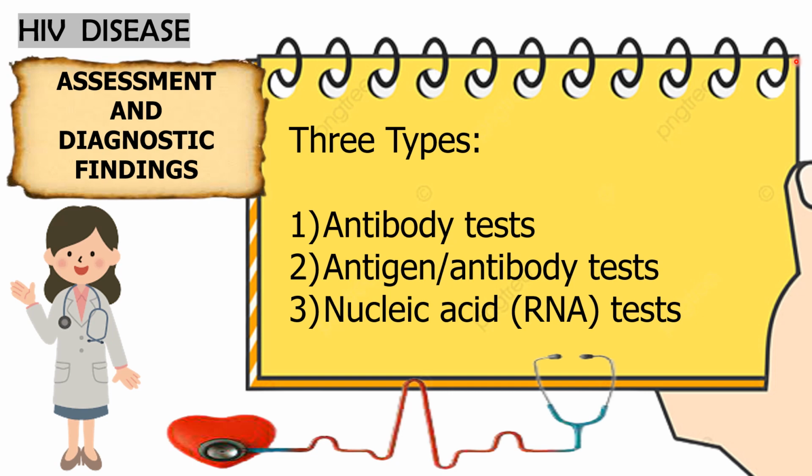So recommended routine screening of all persons aged 15 to 65 years, as well as screening of younger or older persons who are at risk. So there are again three types of diagnostic tests.